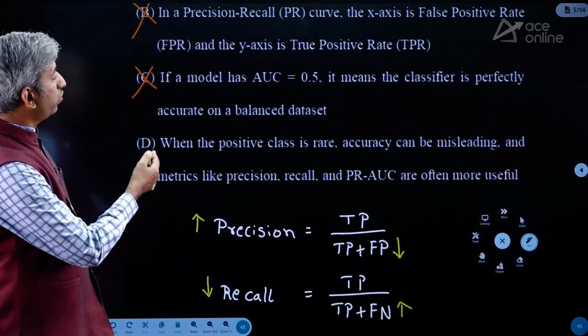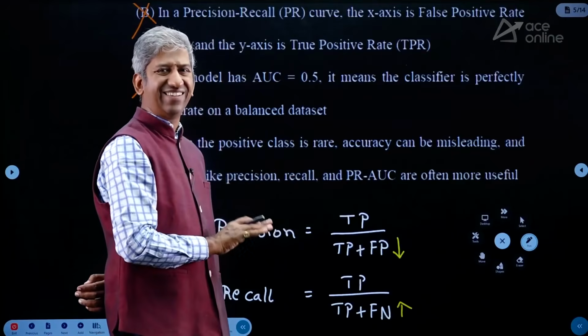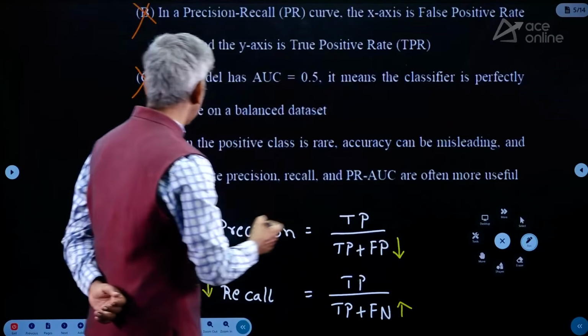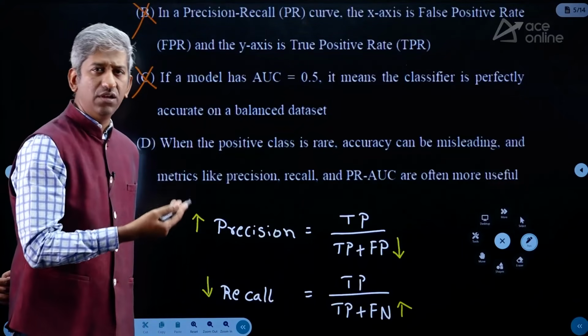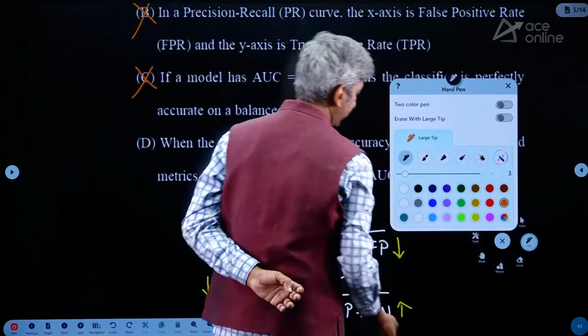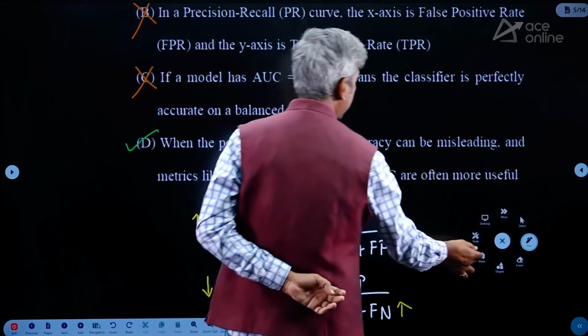So when the positive class is rare, not only the positive class, when any one class is rare, that is called class imbalance. And in class imbalance, precision recall and PR curves are the most widely used evaluation metrics, such that option D is a correct statement.